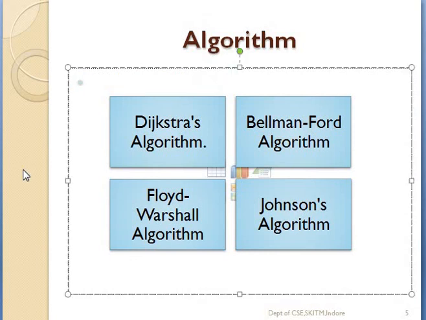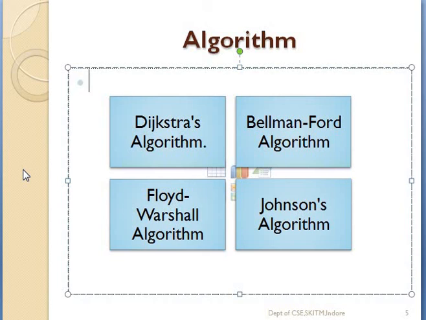Certain algorithms are used for the shortest path problem. These are Dijkstra's algorithm, Bellman-Ford algorithm, Floyd-Warshall algorithm, and Johnson's algorithm. We can use these algorithms to find the shortest paths.